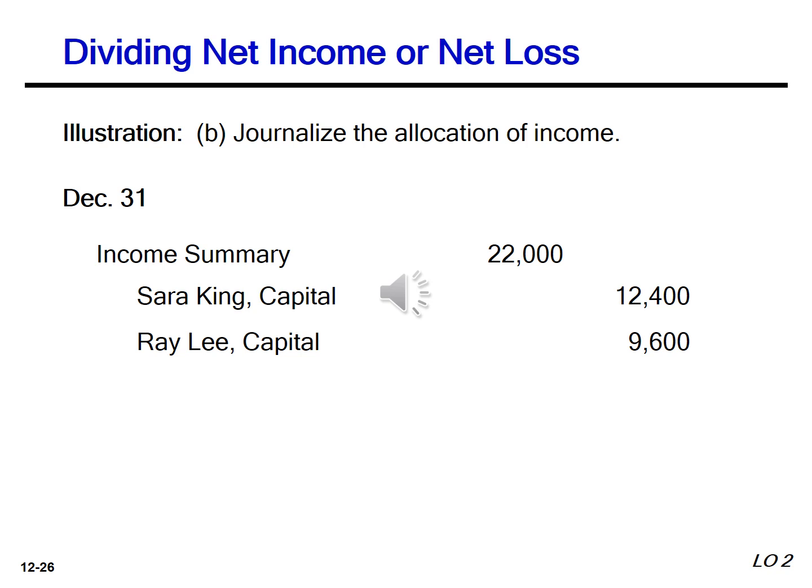So of course, we're going to create a general journal entry for this on December 31st. We're going to debit income summary for the total net income, which is 22,000, and then we're going to credit Sarah King capital for the amount that she will take, which is 12,400, and we're going to credit Ray Lee's capital for the amount that he's going to take, which is 9,600.